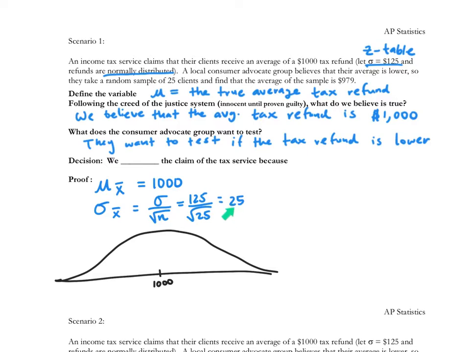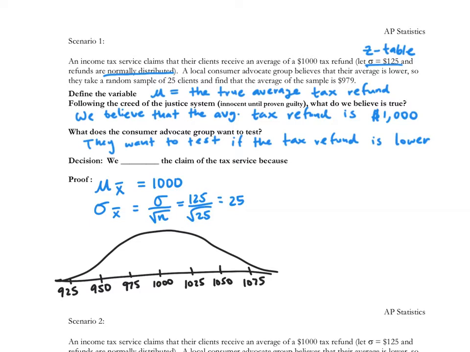So what's 1,000 minus 25? $975, right? 1,000 minus 25 again is 950, and then 925. And I can go up to 1,025, 1,050, 1,075. Now, I'm not going to ask you to draw this every time, but I just want to go over it again so that we remember doing this, right?